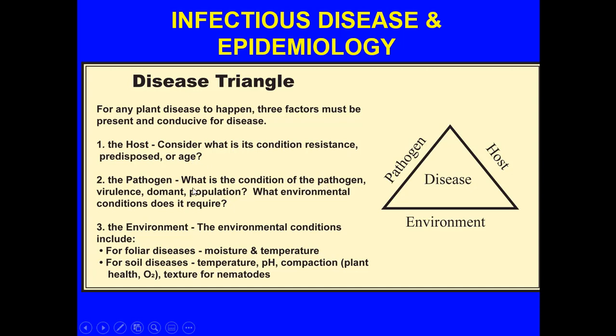What's the condition of the pathogen, the virulence, the population? What environmental conditions does it require? That's the pathogen. And then the environment. This includes, well, for foliar diseases like plants, moisture, temperature; for soil diseases, pH, texture, etc.